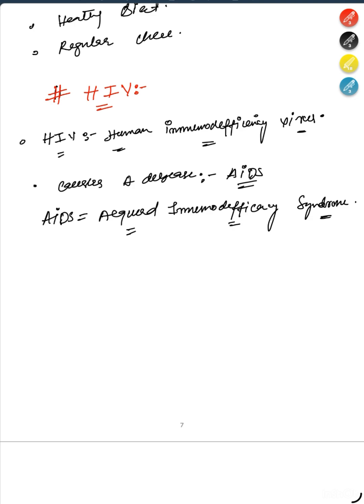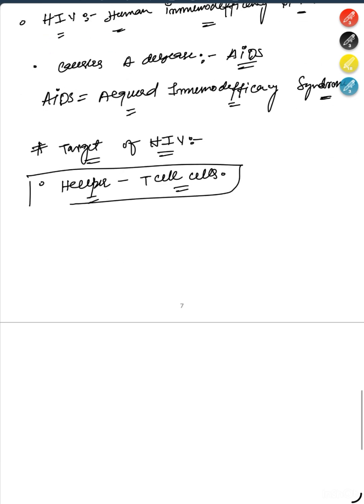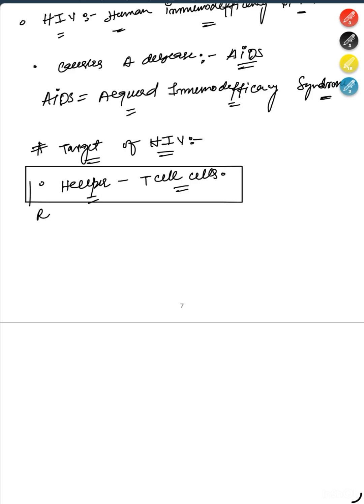Fine. So, if we talk about the target of this HIV virus, whenever it enters the body of any person, what is the target site for HIV? The target sites are helper T cells, another important objective, helper T cells. Fine. And when they target these helper T cells, what is the result? The immune system becomes weak.